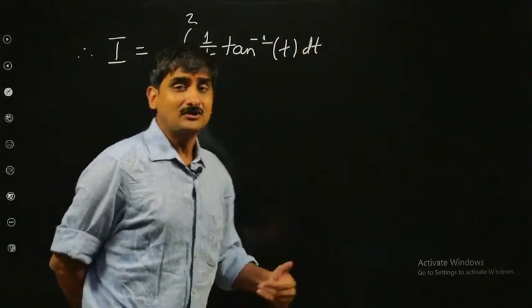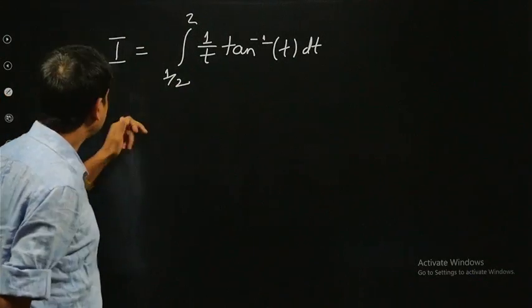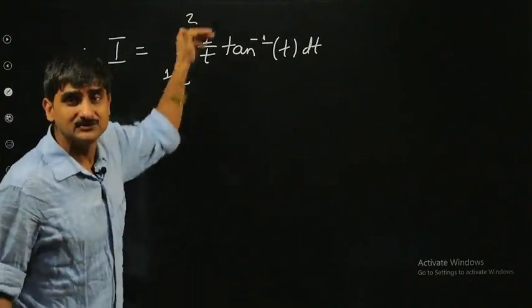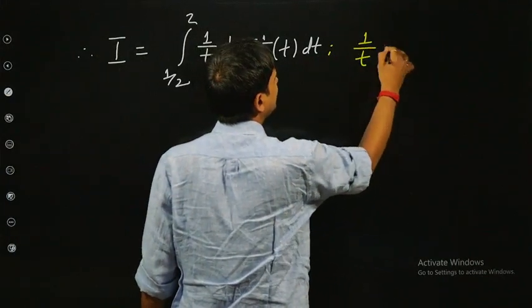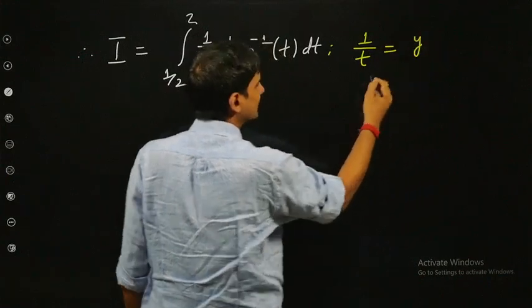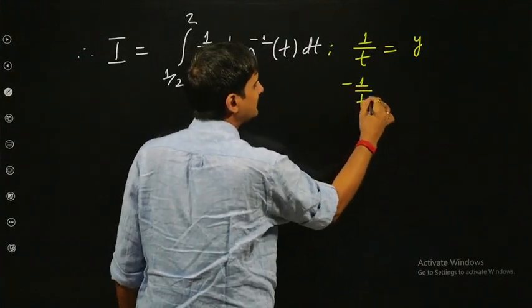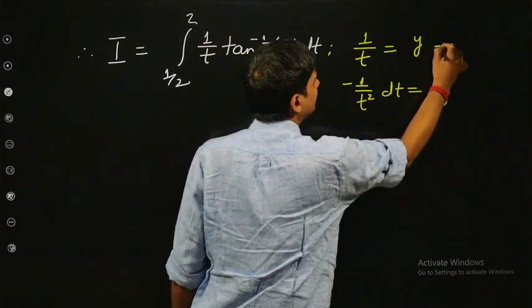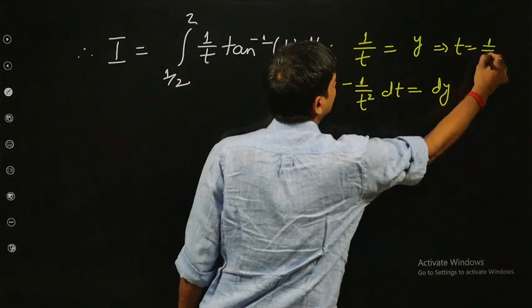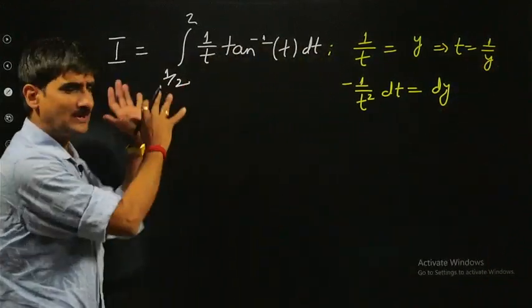Now again see, it's 1 by t here, and these two are reciprocals of each other. So I thought to try 1 by t as y. Differentiating, minus 1 by t square dt is dy, and therefore t is 1 by y. Let's put the values everywhere.